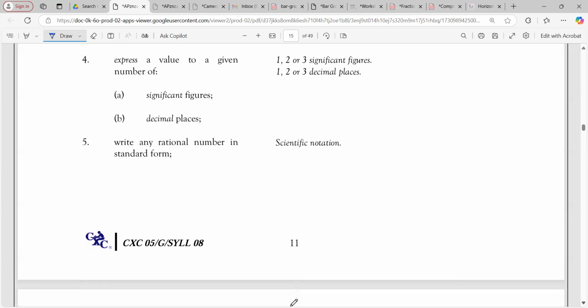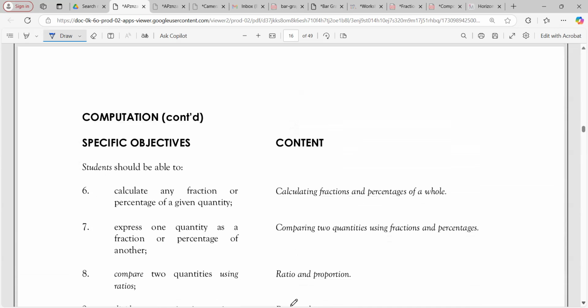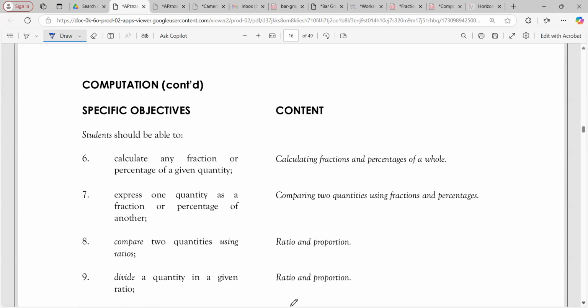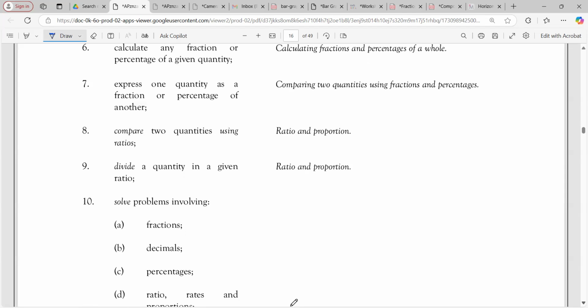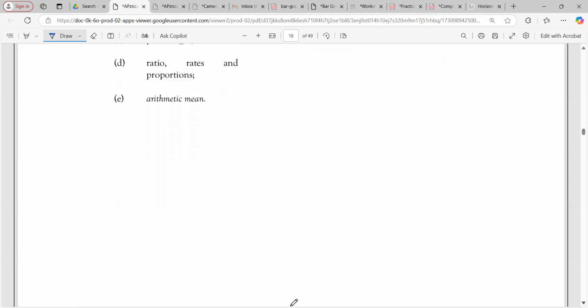All right, scientific notation as well. Basically, CXC breaks them up in sections, right? So computation continues. It says calculate fraction or percentage of any given quantity. Compare quantities using ratio. You know, that's very important as well. And also look at arithmetic book.